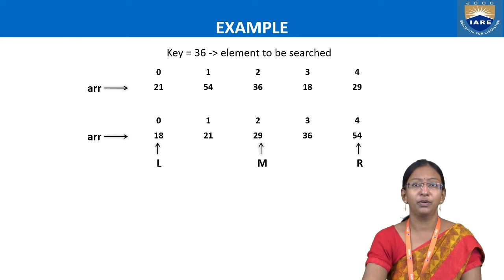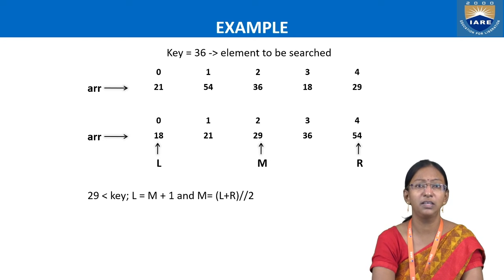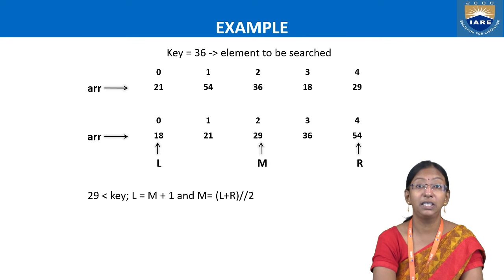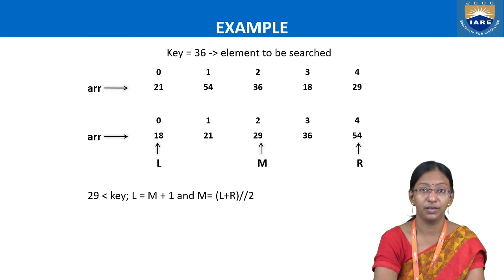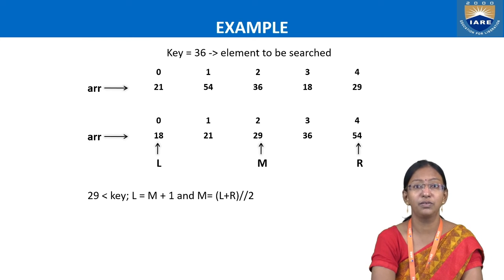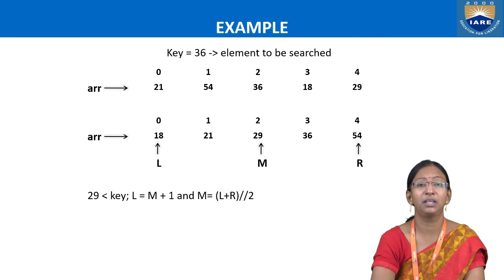So now I'm going to compare. The middle element is 29. Is it less than key or greater than key? My key is 36, right? So as my key is 36, obviously 29 is less. Then on which side is the element I'm searching for going to lie?